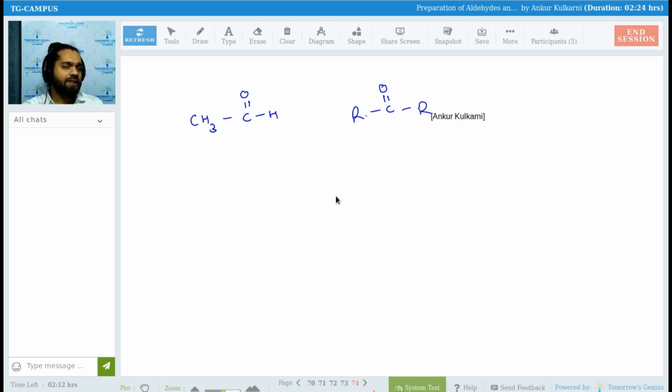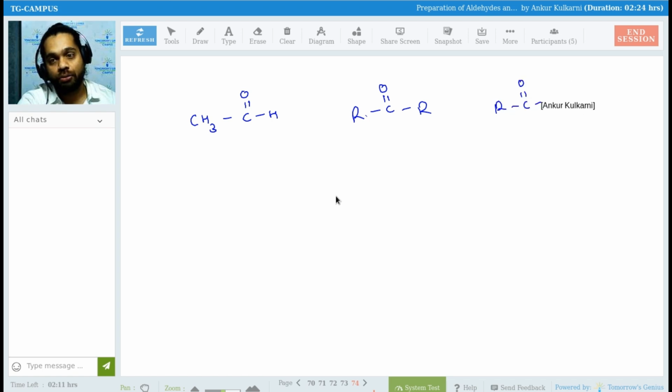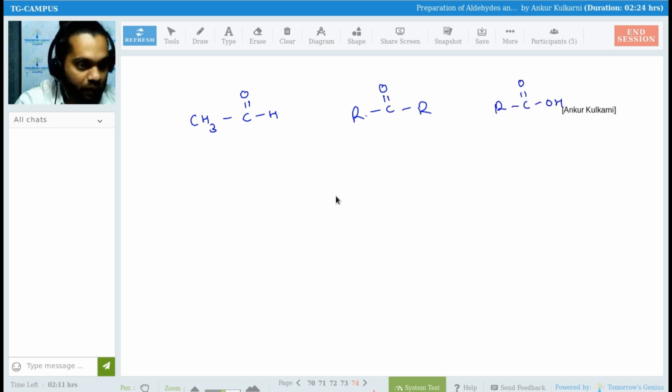What is the carboxylic acid functional group? COOH. Correct. So I will have R C double bond O OH.